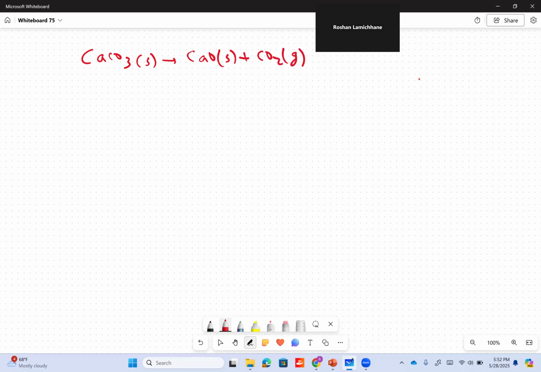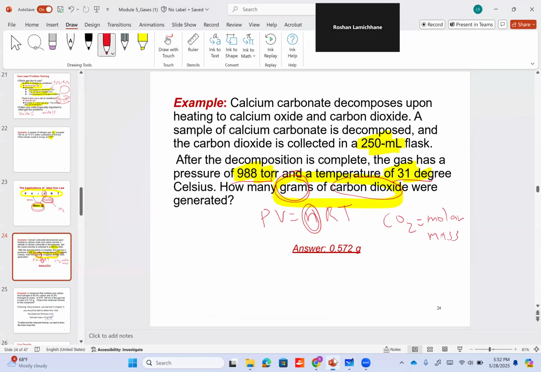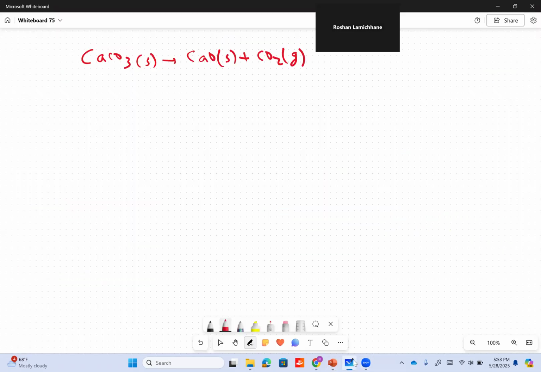Now, if you read the question, it's focusing solely on carbon dioxide gas. It's the data given, because it says after the decomposition is complete, the gas has a pressure of this and temperature of this, and the flask that it is collected in has a volume of 250 mL. That means the volume of carbon dioxide is also given to me. And that is why I'm going to focus on carbon dioxide first.